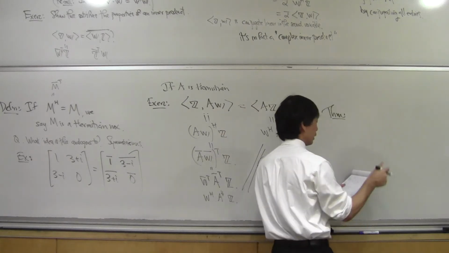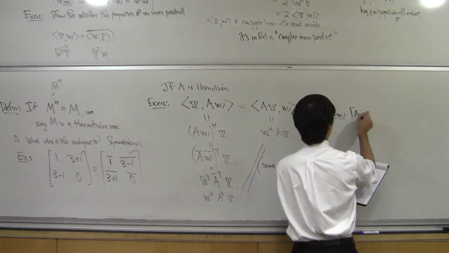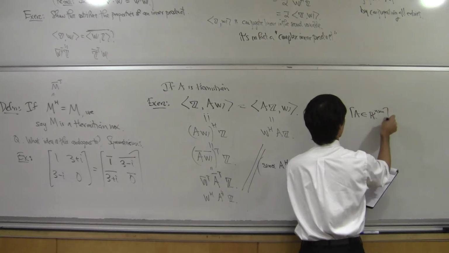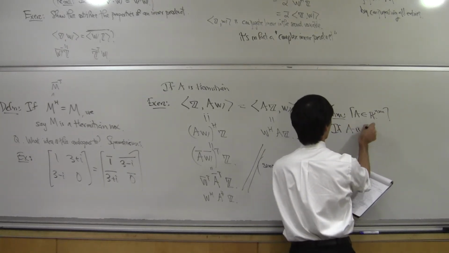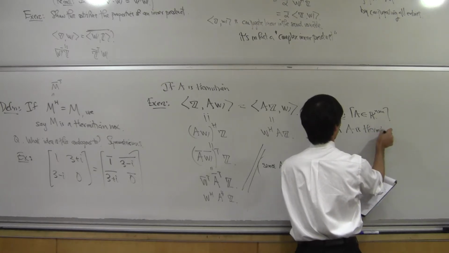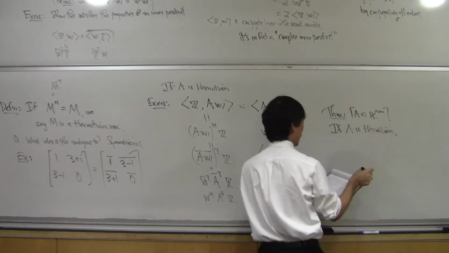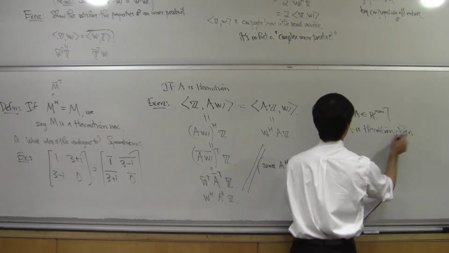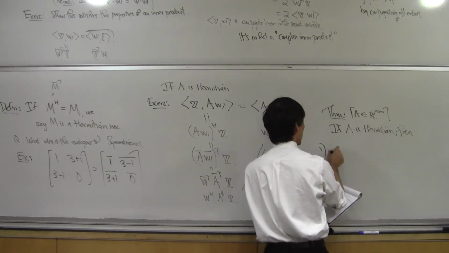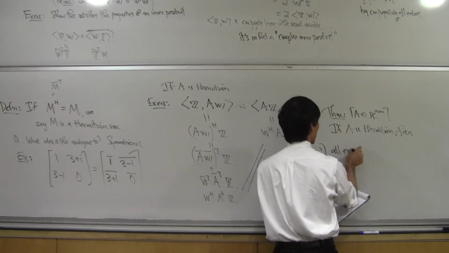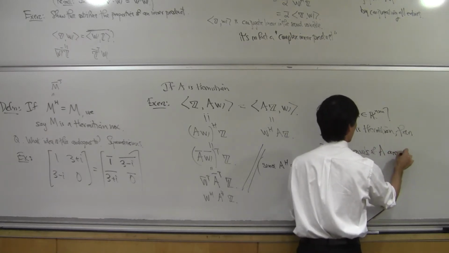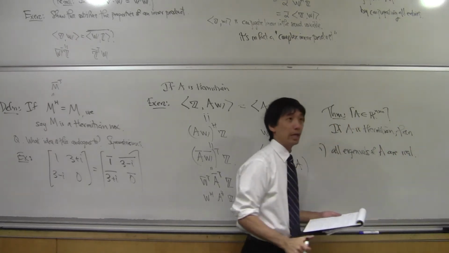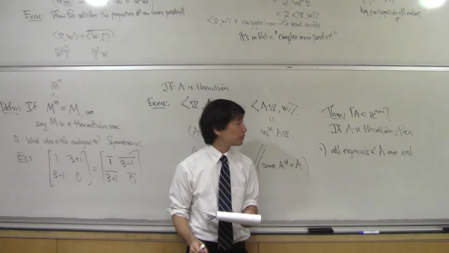This leads to the following theorem. If A is Hermitian, then number 1, all the eigenvalues of A are real, no complex eigenvalues.